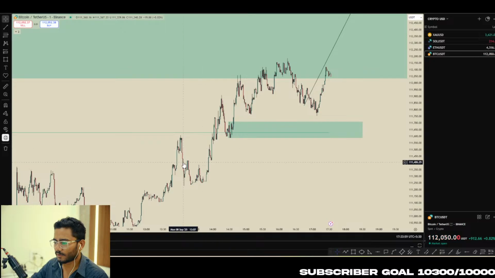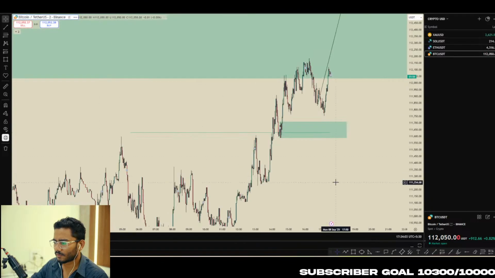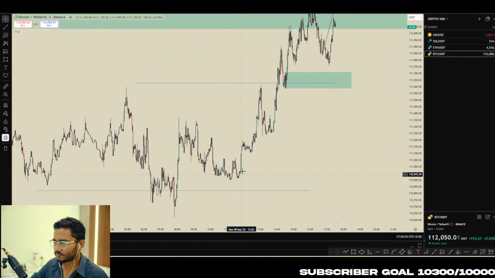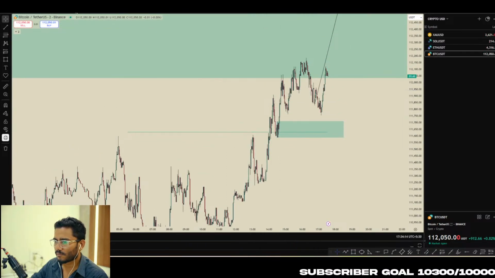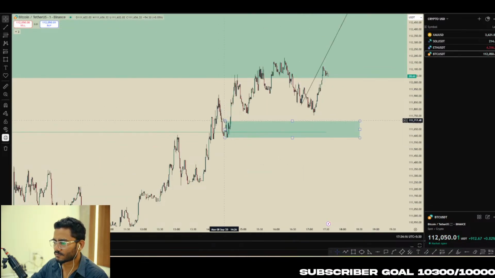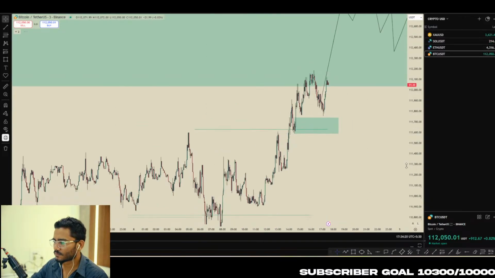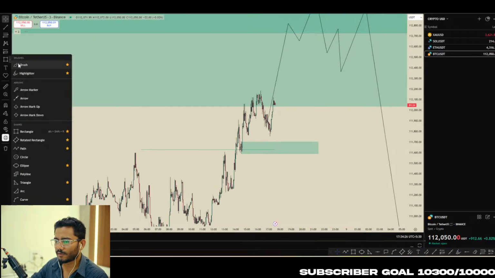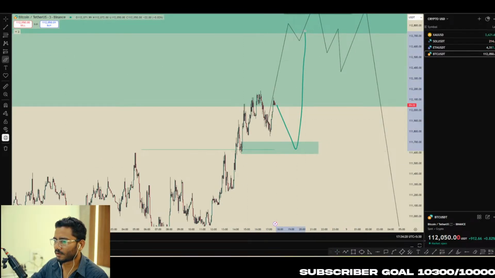This has been mitigated. Price is creating trendline liquidity, so it should tap this area and it can continue.